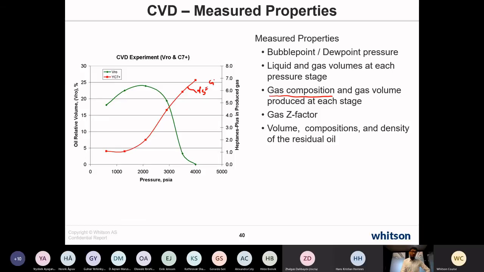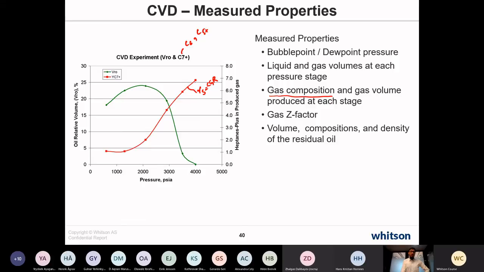So the C7 plus or C6 plus or C5 plus in the well stream composition or the equilibrium gas composition in the CVD experiment very closely represents the little RS, or the solution oil gas ratio, of your produced well stream composition.